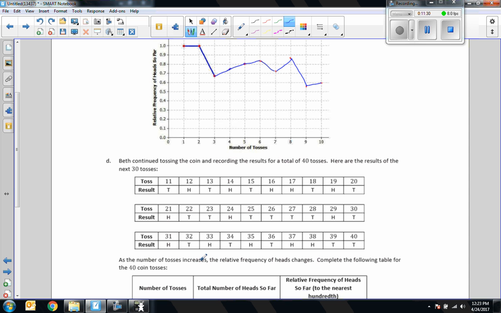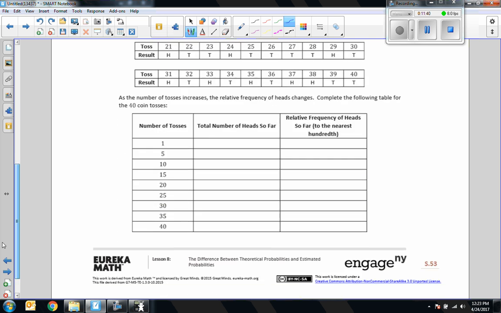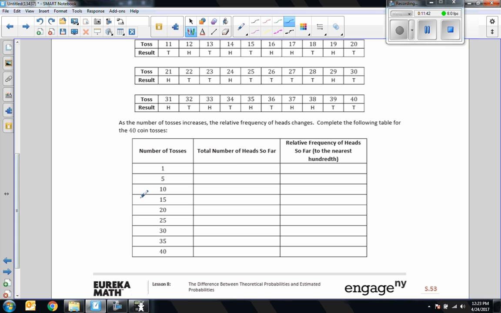As the number of tosses increases, the relative frequency of heads changes. Complete the following table for the 40 coin toss. Number of tosses 1, total number of heads so far 1, relative frequency nearest 100 was 1.00.